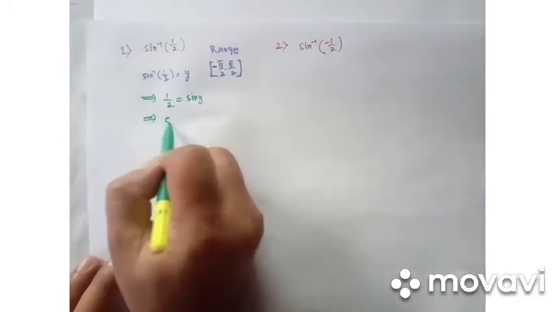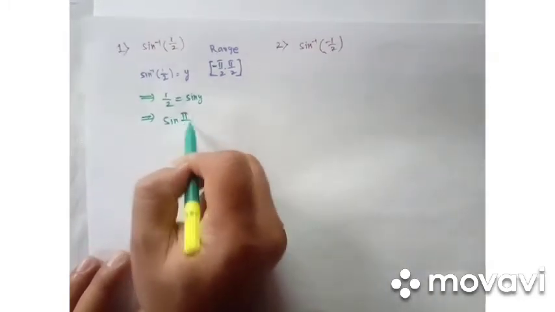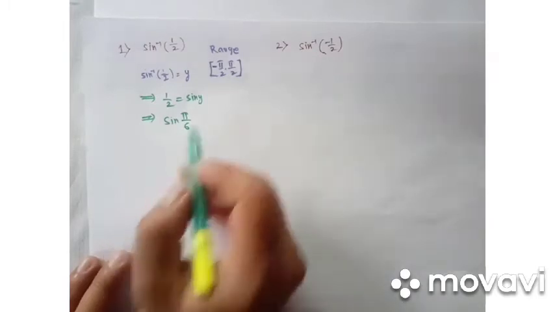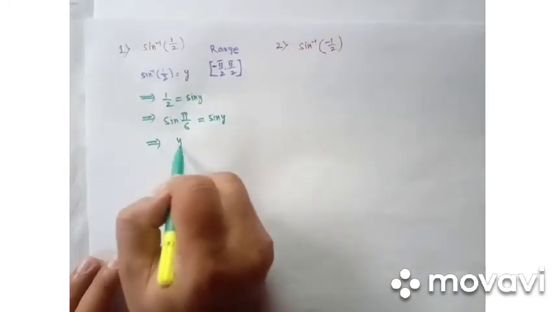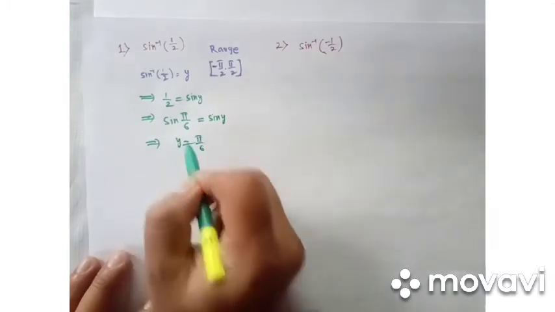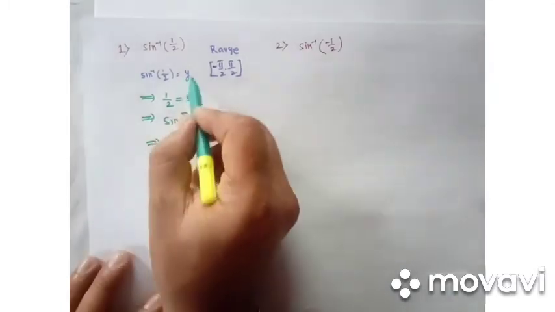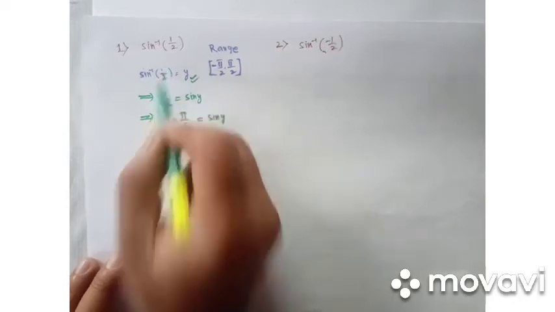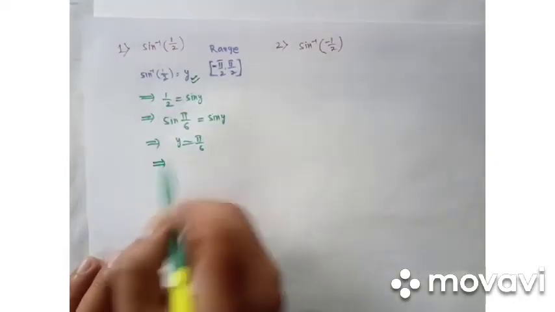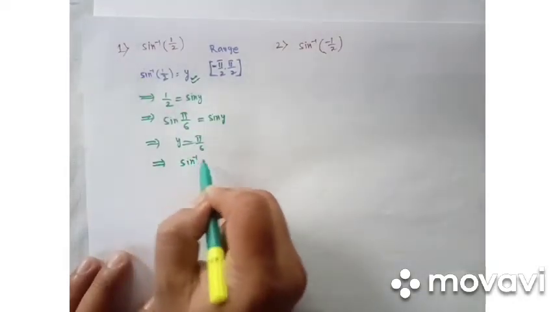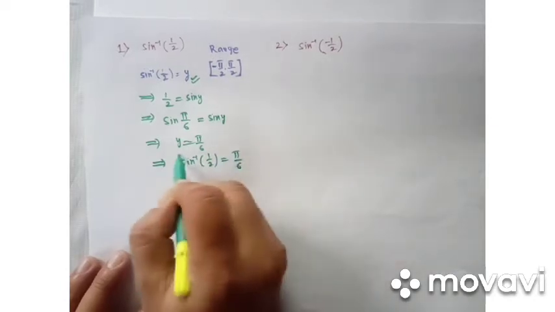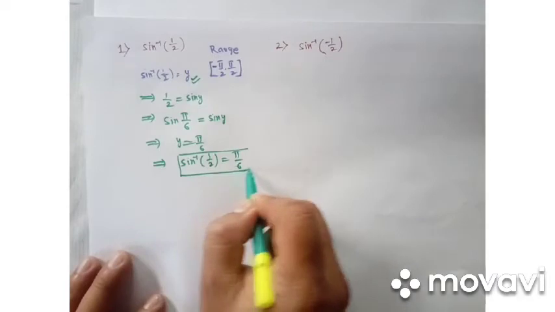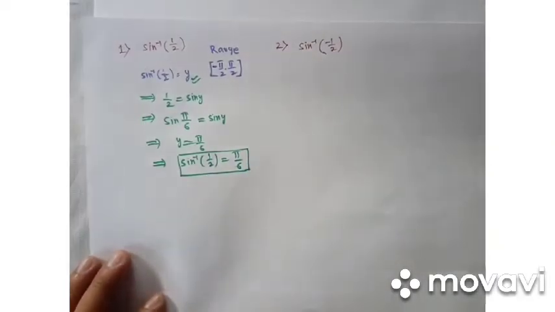So it will be satisfied for sine pi by 6, that is 30, is equal to sine y. So this implies y is equal to pi by 6. Y is nothing but sine inverse of 1 by 2. So sine inverse of 1 by 2 is equal to pi by 6. We require to find out these particular values.